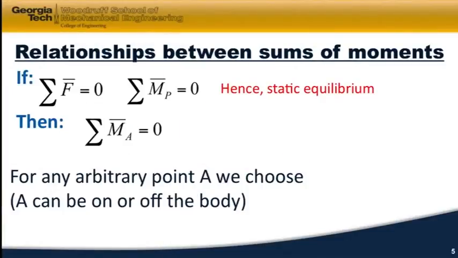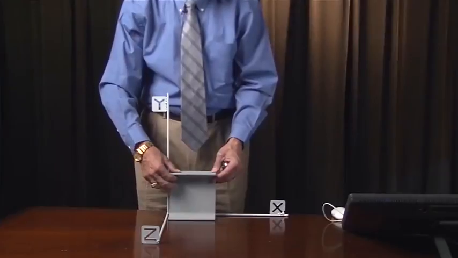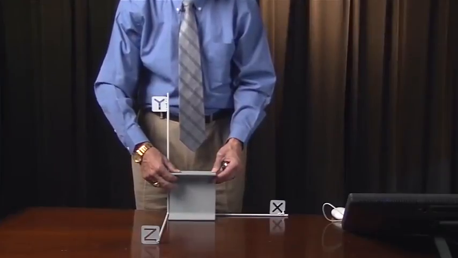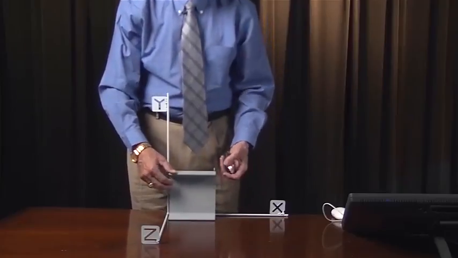Also, for the relationships between sums of moments. If I have the sum of the forces equal to 0, so I'm enforcing static equilibrium, and the sum of the moments about point P is equal to 0 for static equilibrium, as I mentioned before, then the sum of the moments about A, which is any other point, as long as the body is in static equilibrium, will also be equal to 0. And that's for any arbitrary point that we choose on or off the body.